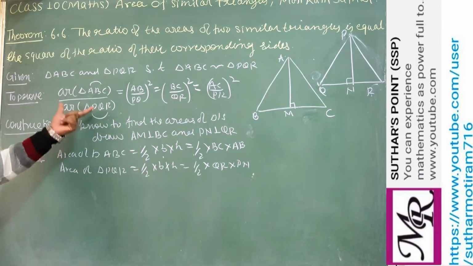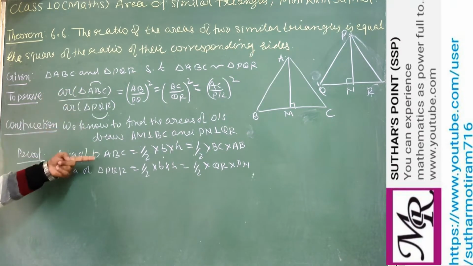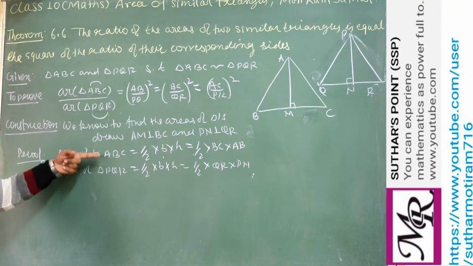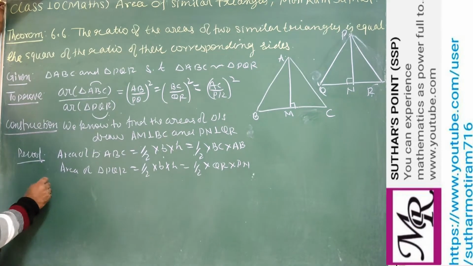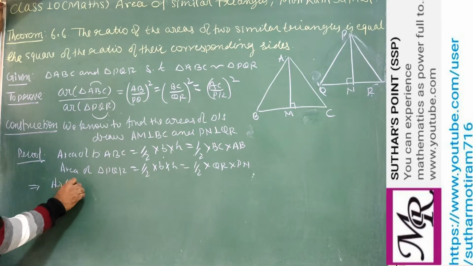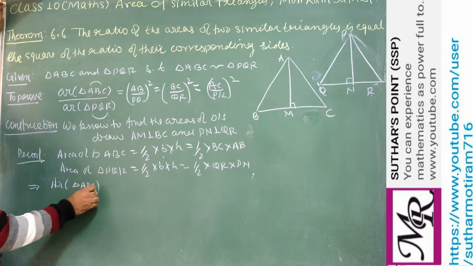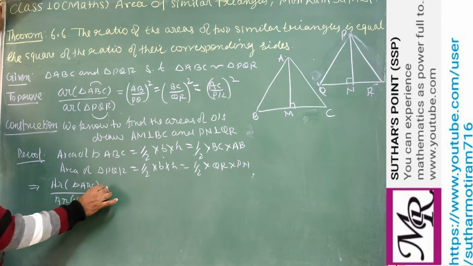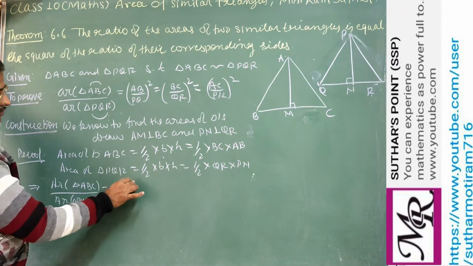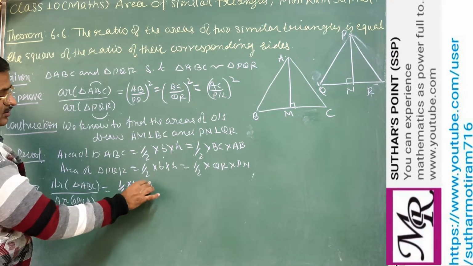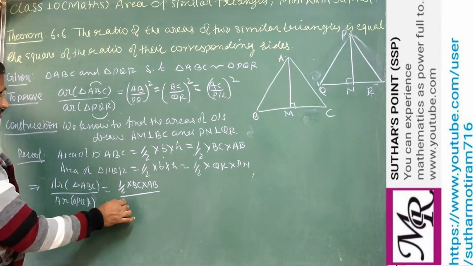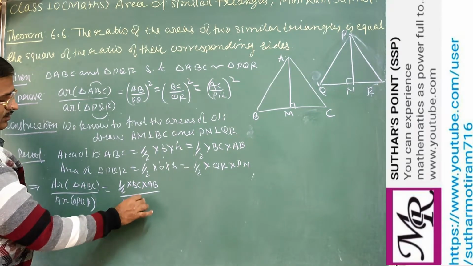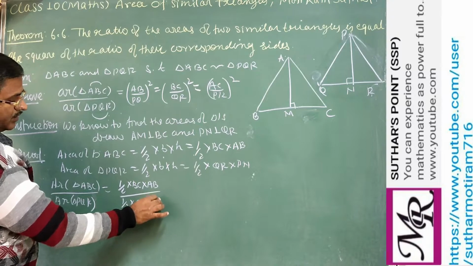Now we want to find the ratio of these two areas. So what will be the ratio? Therefore area of triangle ABC divided by area of triangle PQR is 1/2 BC into AM upon 1/2 QR into PN.